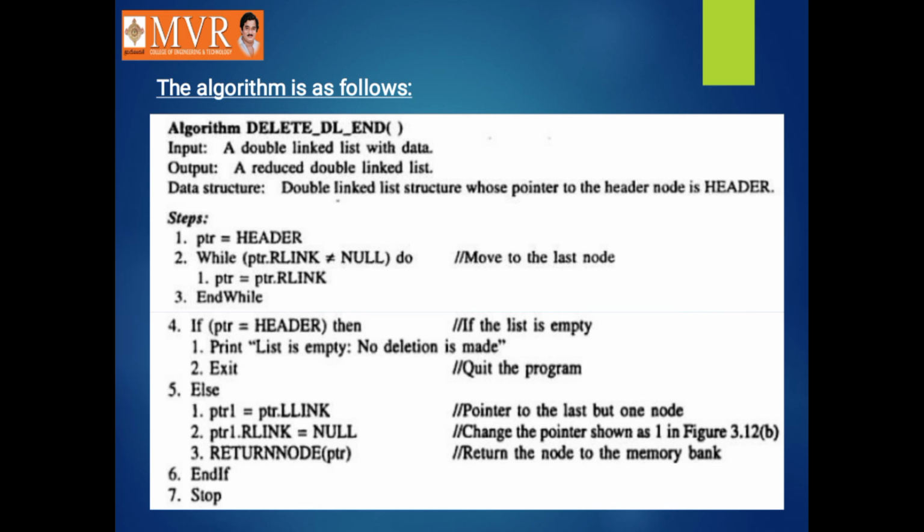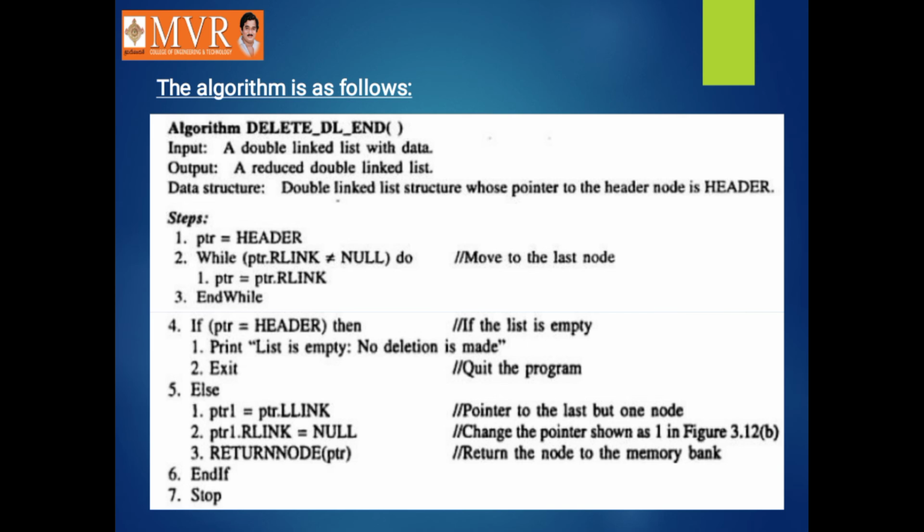After that, if ptr is equal to header, that is, if the header does not contain the address of any node, then we assume that the double linked list is empty, so there is no node to be deleted. This is the case shown in step 4.